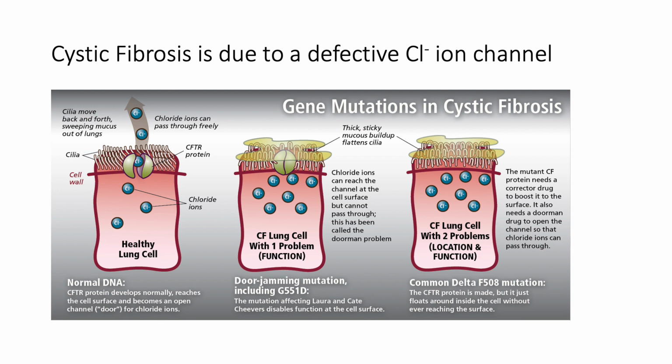But, and those are people who have 2 copies of the mutation, as with cystic fibrosis. As it turns out, if you're a carrier for the sickle cell anemia allele, that is, you have 1 mutation in 1 allele and the other allele is normal, you do not show the phenotype. But it turns out that these individuals have a much more resistant phenotype to malaria. So it probably arose in Africa at some point.